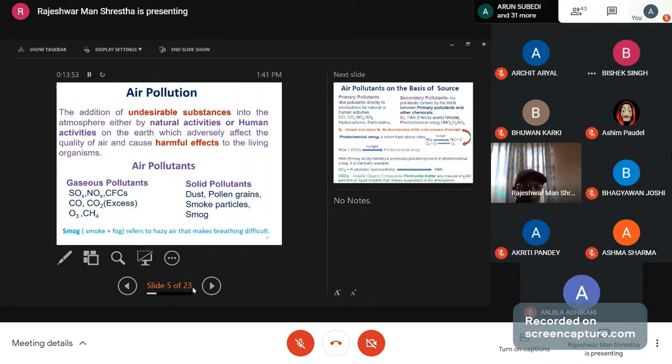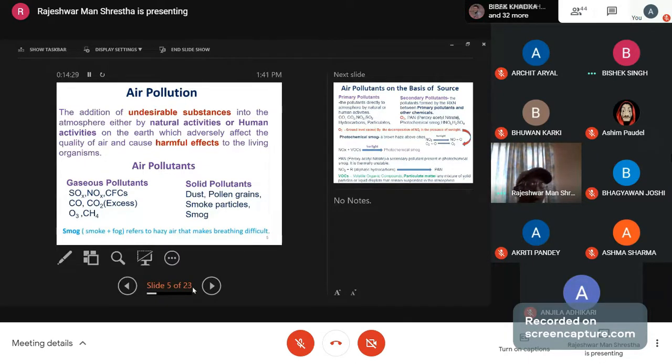The unwanted chemicals are known as air pollutants. Air pollutants have been classified on the basis of the state of matter into gaseous pollutants and solid pollutants. Gaseous pollutants include oxides of sulfur, oxides of nitrogen, chlorofluorocarbon that has been widely used as coolant in refrigerators, then oxides of carbon, and carbon dioxide is essential, but not in large amounts, in small amounts, to make the whole earth green, and ozone and methane.